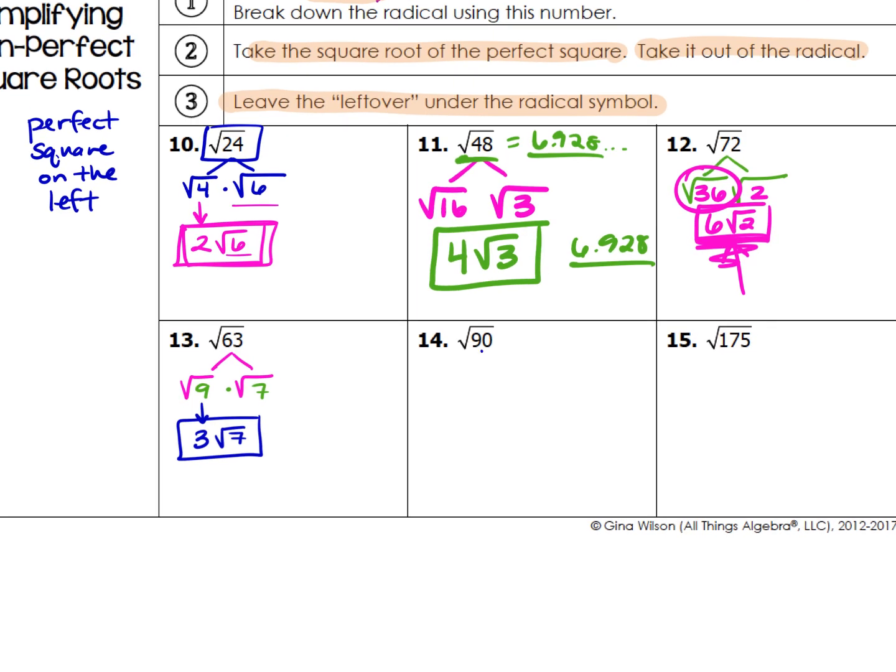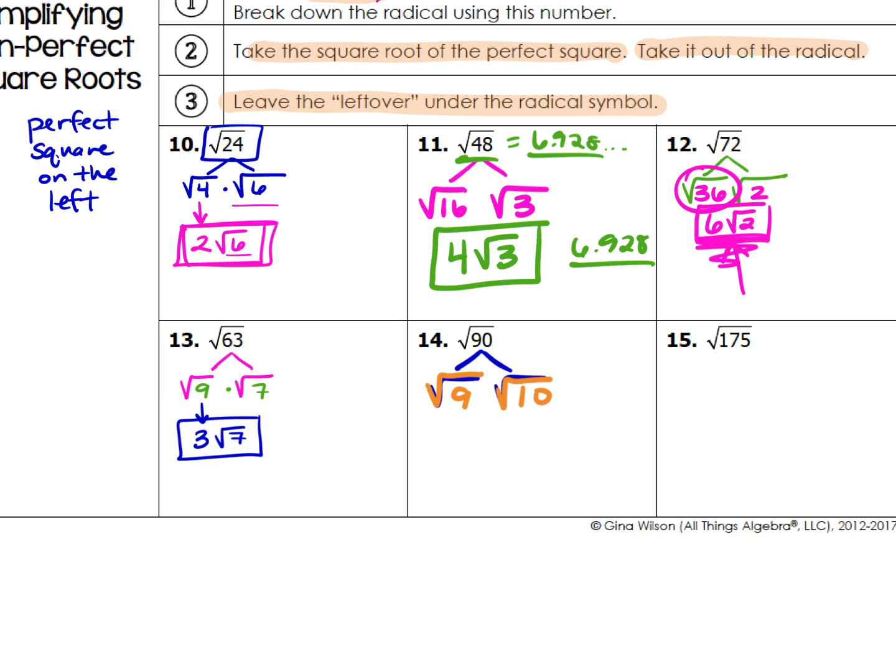Okay, how about 14? What perfect square is 90 divisible by? So go 90 divided by, and then try some numbers. 90 divided by 25. 90 divided by what? 9. So 90 divided by 9 gets you what number? 10. Okay. A lot of times people get tripped up on this one because they go, oh, but the square root of 10, I can break that into 2 and 5.